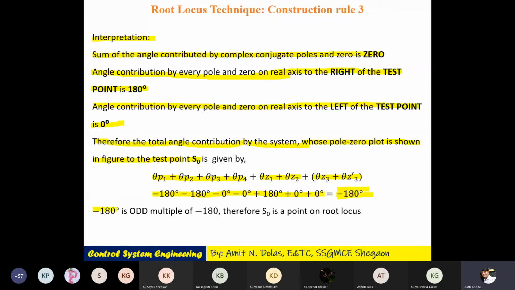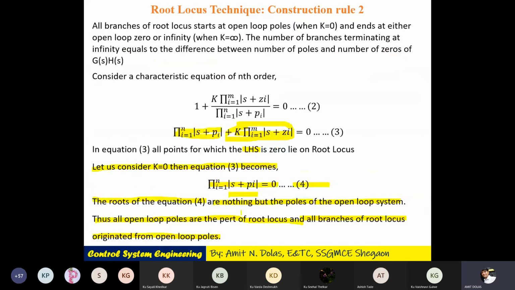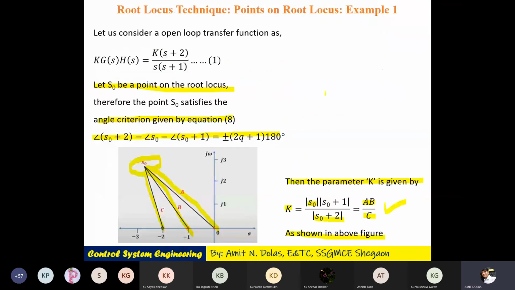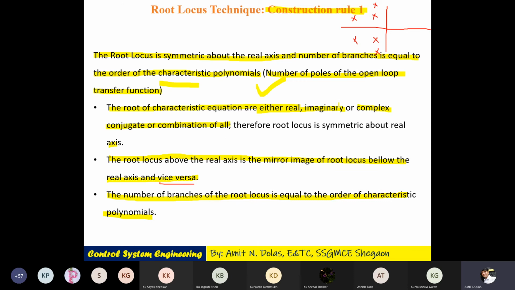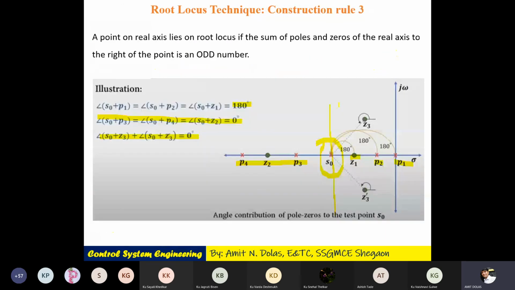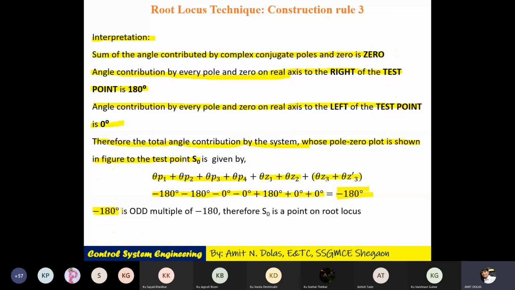And what is -180? -180 means what is the value of q? Let's go to the equation, so it will be easy. Here, -180 has come, which means the value of q is 0. What is the multiplier of 180 degrees? That is 1, and 1 is nothing but an odd multiplier. So here -180 is an odd multiplier of 180. Therefore your S0 is a point of the root locus.